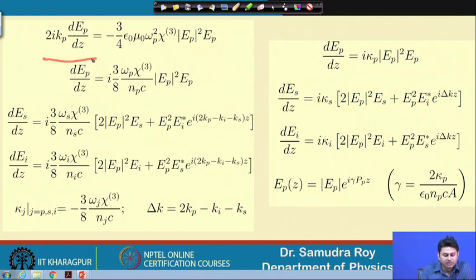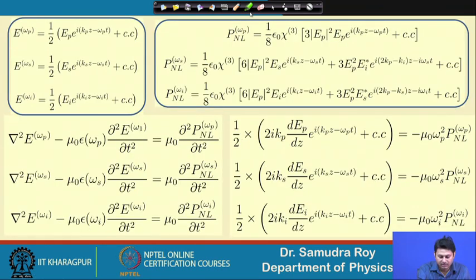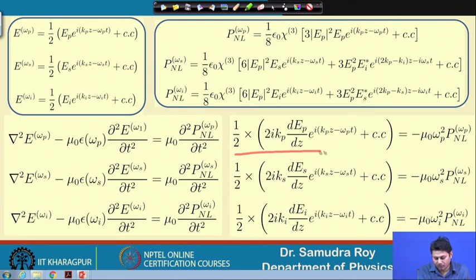So, it will be 2i kappa p, 2i kp dEp/dz. If I go to the previous slide, basically we are using this equation right now for the evolution of omega p. So, this half term will cancel out with P nonlinear omega p, which is this. So, we have a 1 by 4 term here.